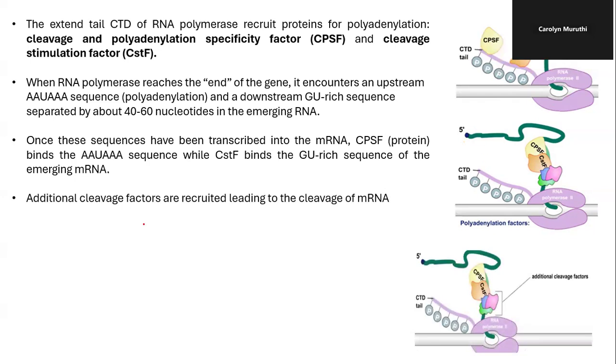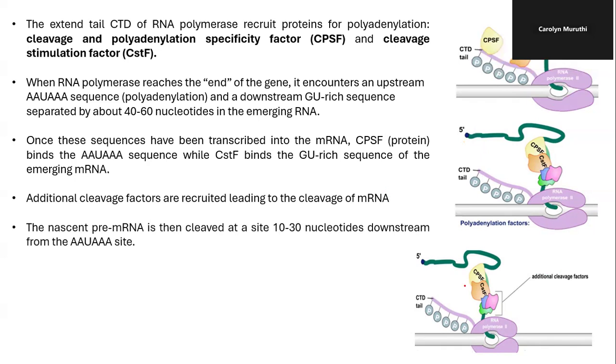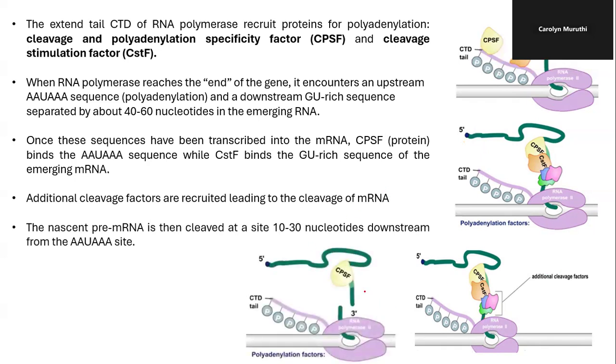To these, additional cleavage factors will be recruited, and this will result in the cleavage of the messenger RNA, and this will occur at a site 10 to 30 nucleotides downstream from the polyadenylation site.